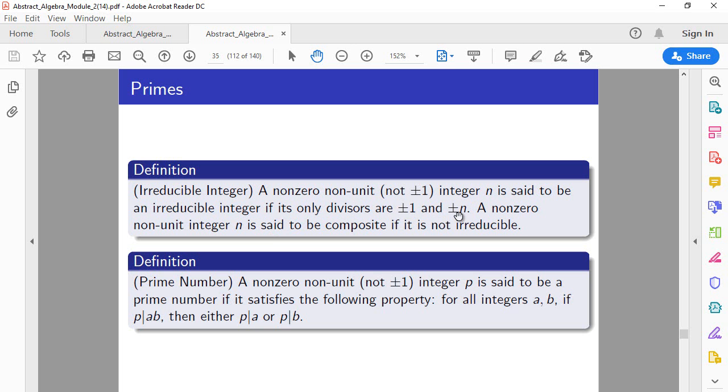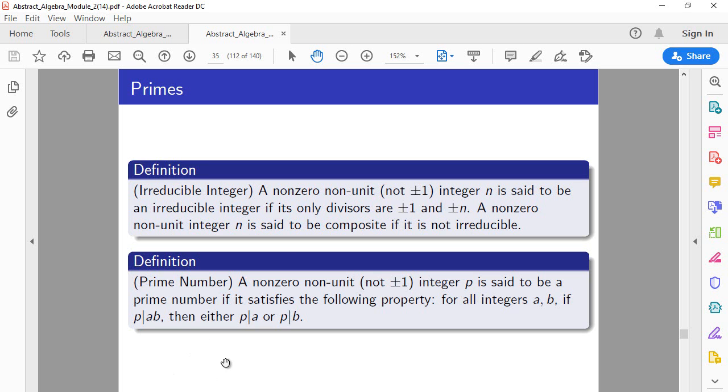So if I ignore the negatives, then we are saying that an integer is an irreducible integer if its only divisors are 1 and itself. And if you recall, that might be the definition of prime numbers that you have used before. A non-zero non-unit integer n is said to be composite if it is not irreducible.